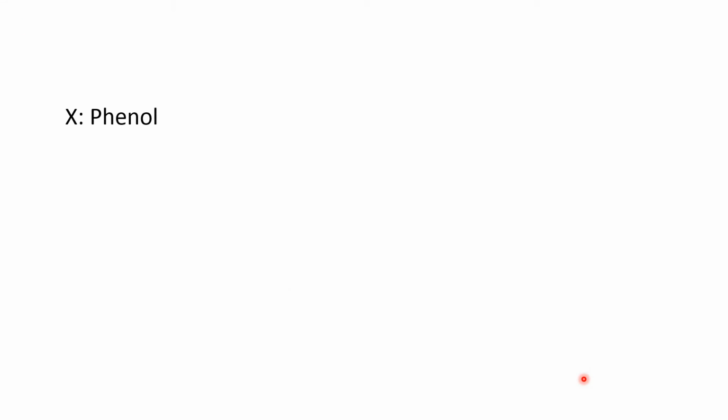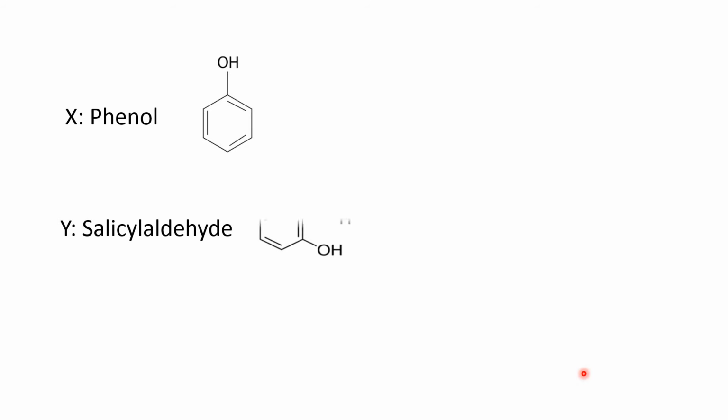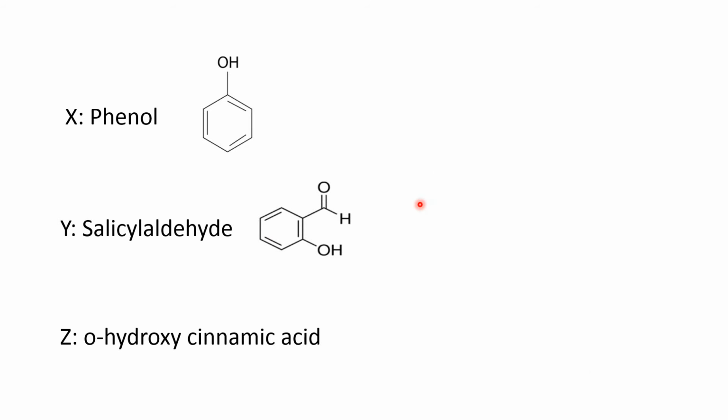Now we have come to the last part, that is identification of the compounds. What we have identified: X is phenol, Y is salicylaldehyde, that is orthohydroxybenzaldehyde, and Z is orthohydroxycinnamic acid. So X is phenol. Through phenol, through the well-known name reaction, that is the Reimer-Tiemann reaction, Y, that is salicylaldehyde, can be formed.